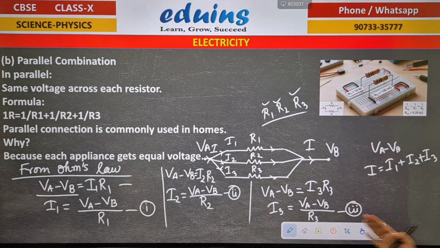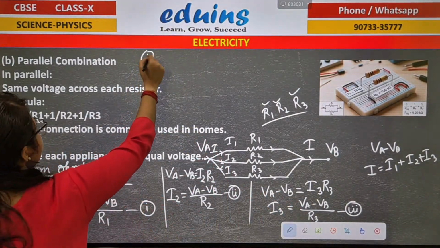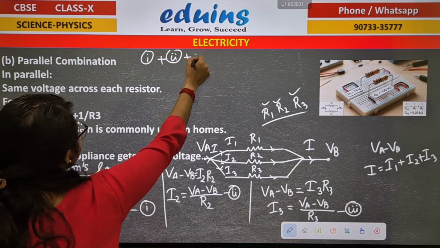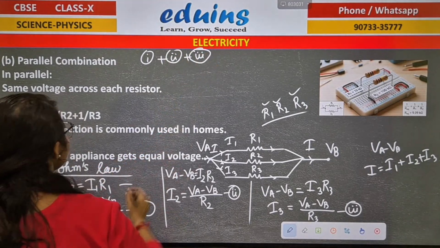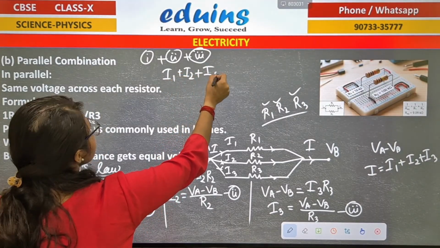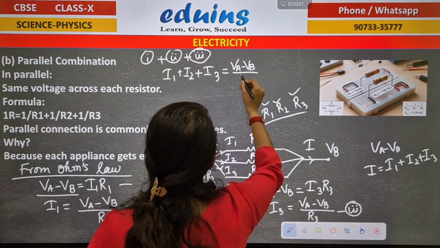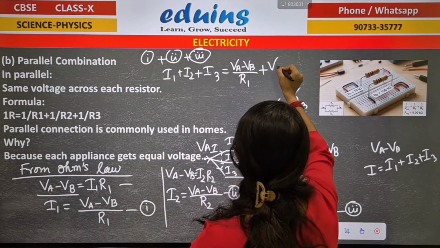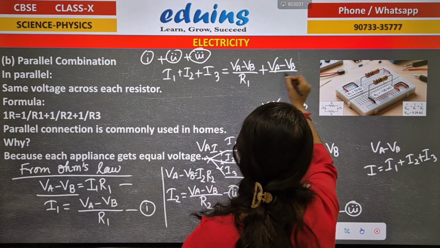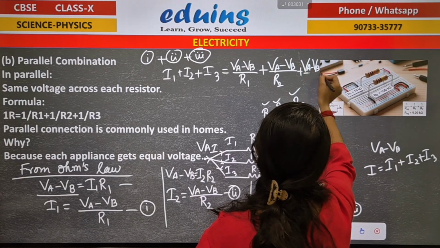Now we have to add all of the 3 equations. By adding them, we get I1 plus I2 plus I3 is equal to VA minus VB by R1 plus VA minus VB by R2 plus VA minus VB by R3.